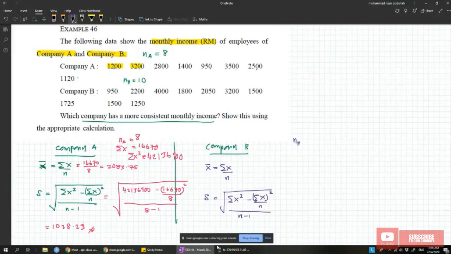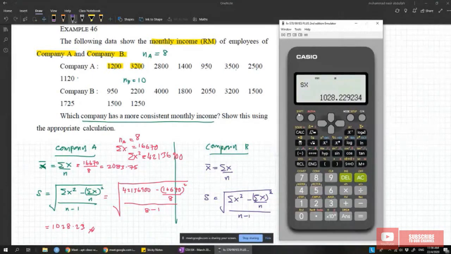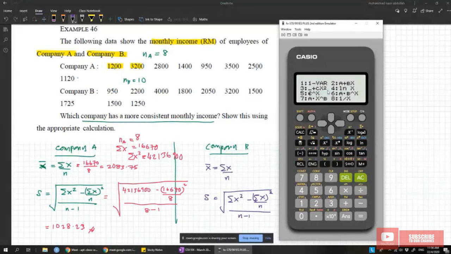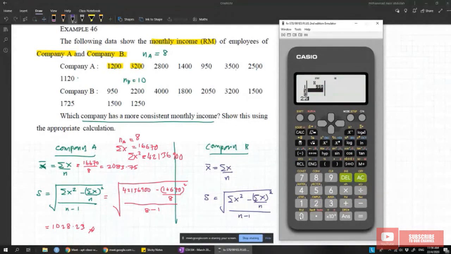So we want to find the value of NB, summation of x, and summation of x square. Right. Again, the same process. We need to clear all the memory, right? And press mode, choose 3 for stat, and 1, right? So now we input the values: 950, 2200, 4000.